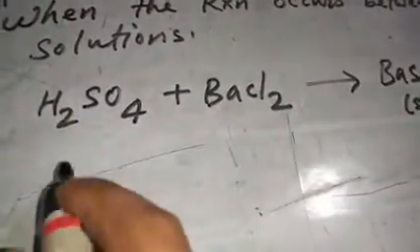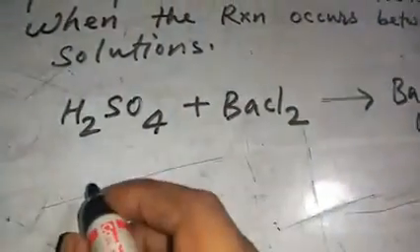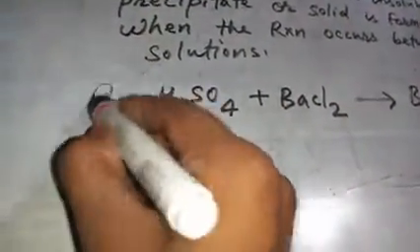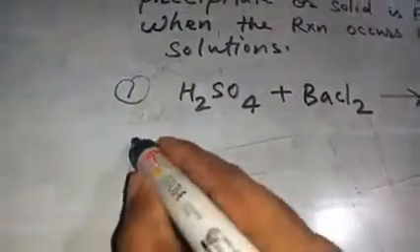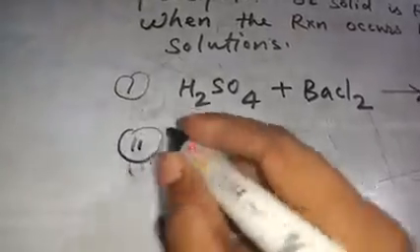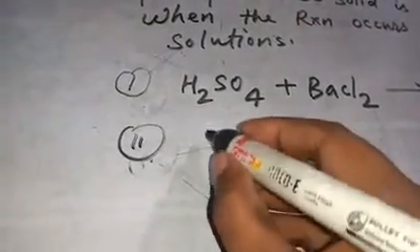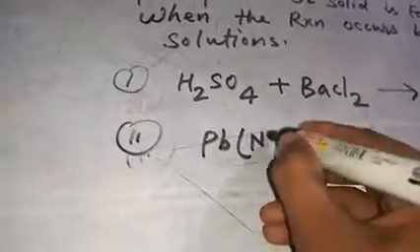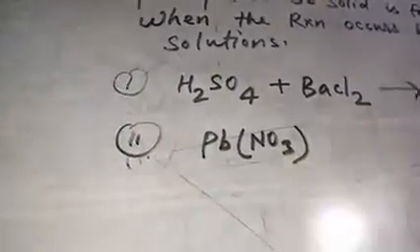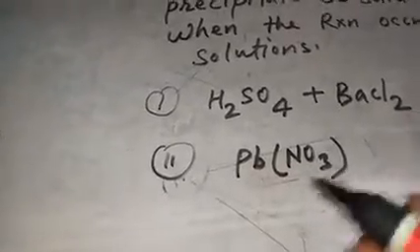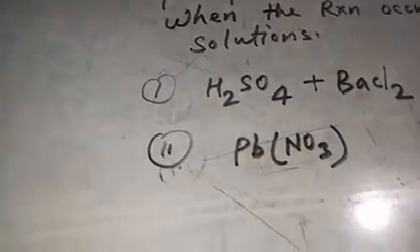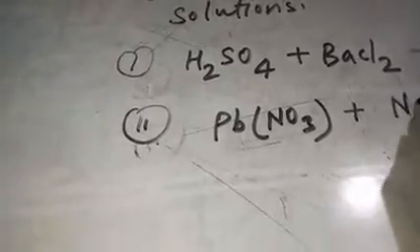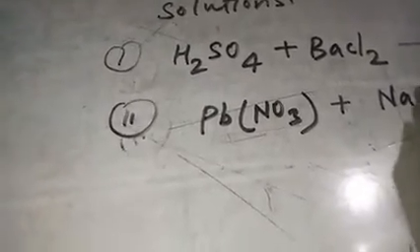Okay. Now this was your first example. The second example is when you treat lead nitrate, Pb(NO3)2, with sodium iodide or potassium iodide.